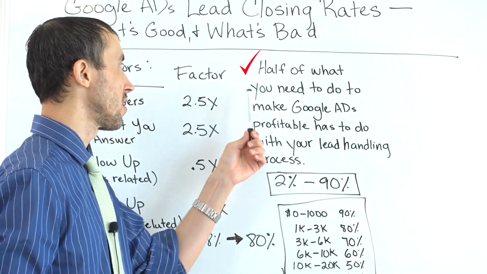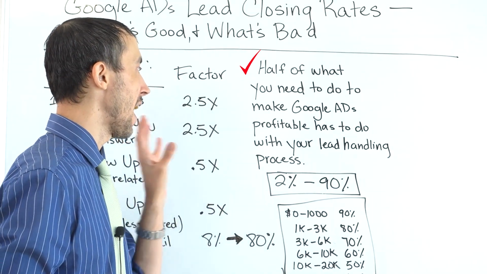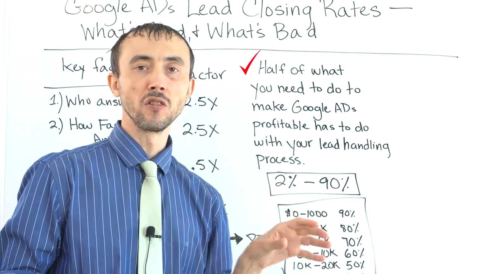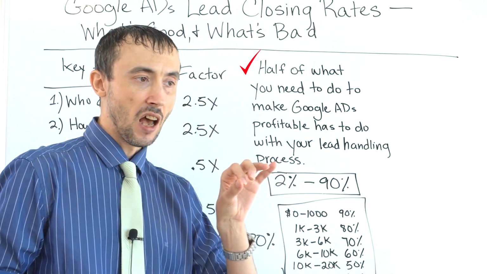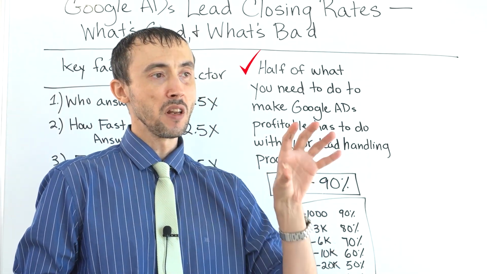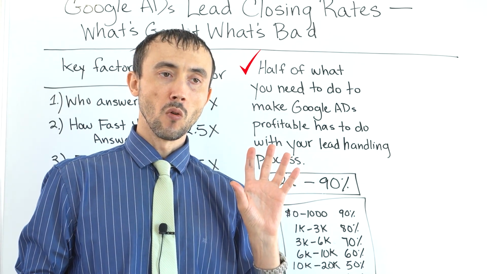So getting into the content here, half of what you need to do to make Google Ads profitable, like I said before, comes down to your lead handling process. I can get you the most qualified lead on the planet, somebody who's dead set on buying your product or service.